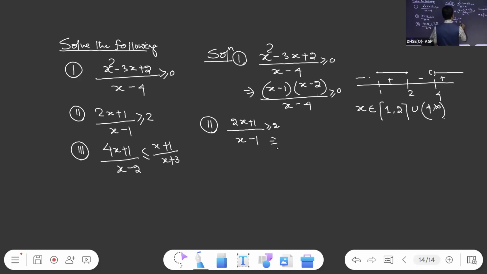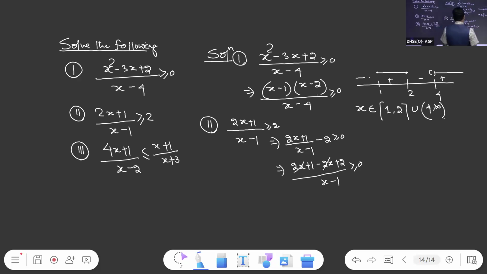So this implies 2x plus 1 upon x minus 1 minus 2 is greater or equal to 0. So 2x plus 1 minus 2x plus 2 upon x minus 1 is greater or equal to 0. Plus 2x minus 2x cancels. Finally, the expression is 3 upon x minus 1 greater or equal to 0.